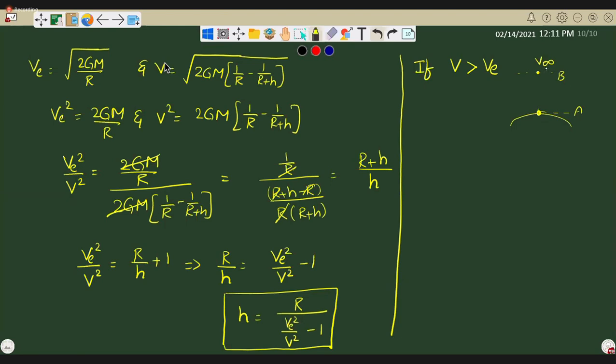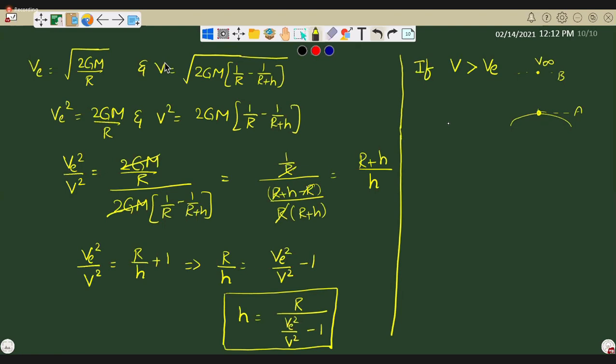For example, I'll just tell you in a simple sense. 11.2 kilometers per second is your escape velocity, right? Yes, sir. Now, if I have projected it with 24 kilometers per second, now I'll ask you with what velocity will it go to infinity? So this is my escape velocity, this is my V. Now I have to get a relation for V infinity square in this case, right? Yes.